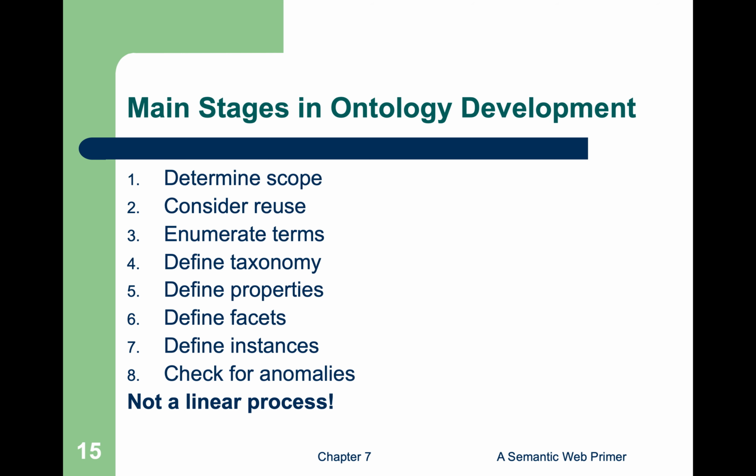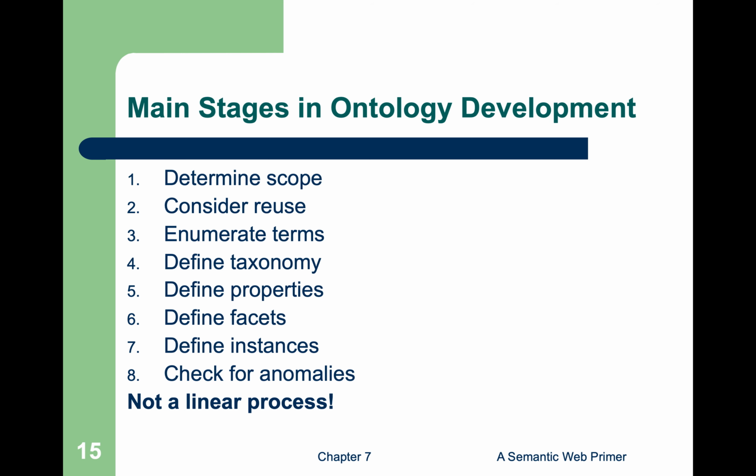We need to define the taxonomies or the terms that we are going to use, define the properties they hold, and define the facets of the relationships within those concepts, the domain and range of the properties.